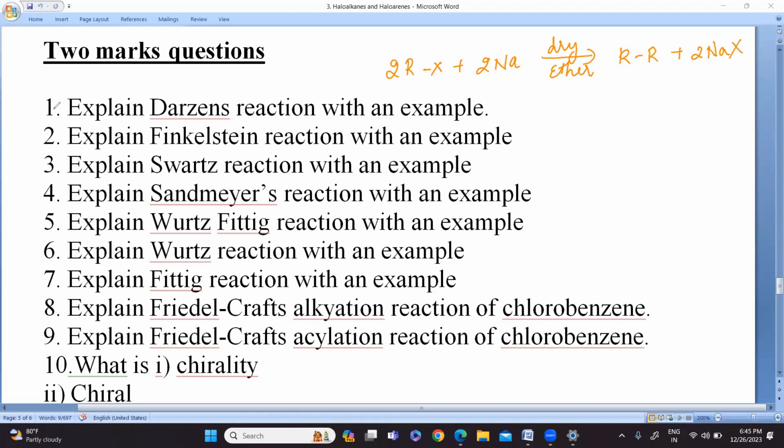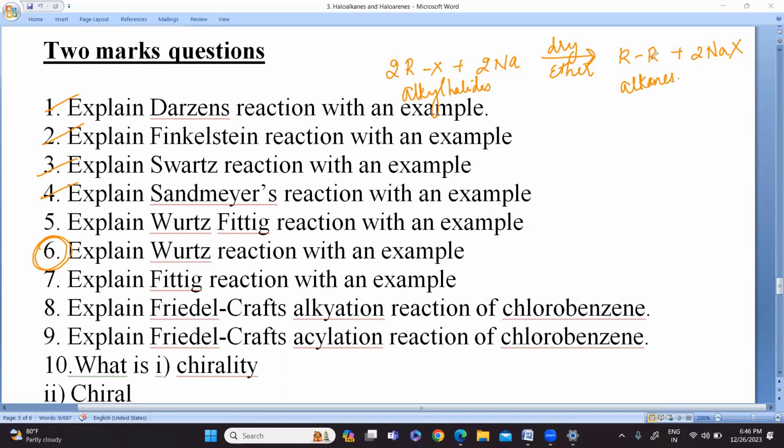So this is our Wurtz reaction. What is the explanation? Alkyl halides react with sodium in the presence of dry ether to form higher alkanes. So this is the general reaction. 2RX, this is alkyl halide, reacting with sodium metal in the presence of dry ether, giving you alkanes.